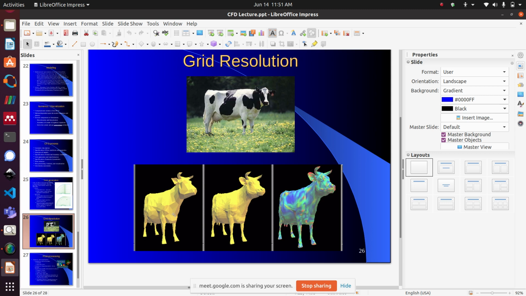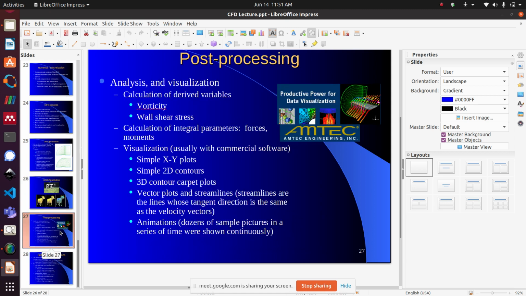You can see that we have highly approximated the body of the animal. In the last picture, by using very refined grids, you can model the body of the animal in a much better way. So that's what the term grid resolution means.